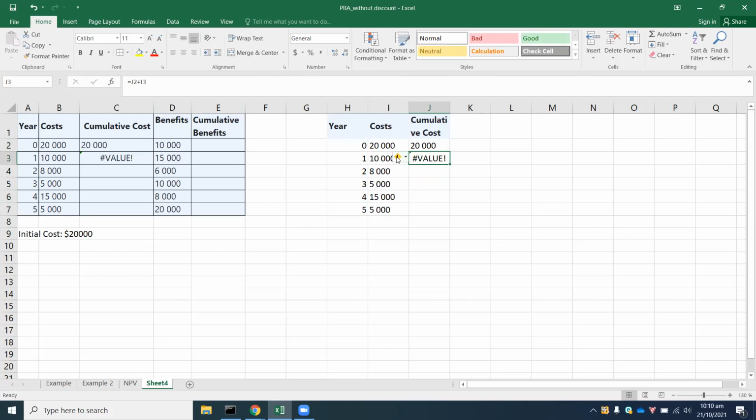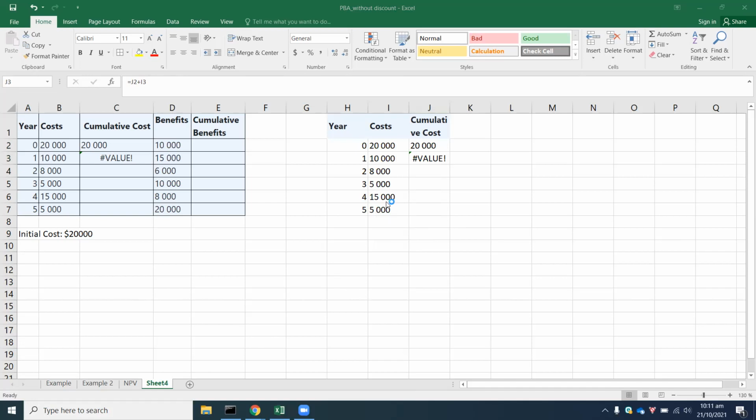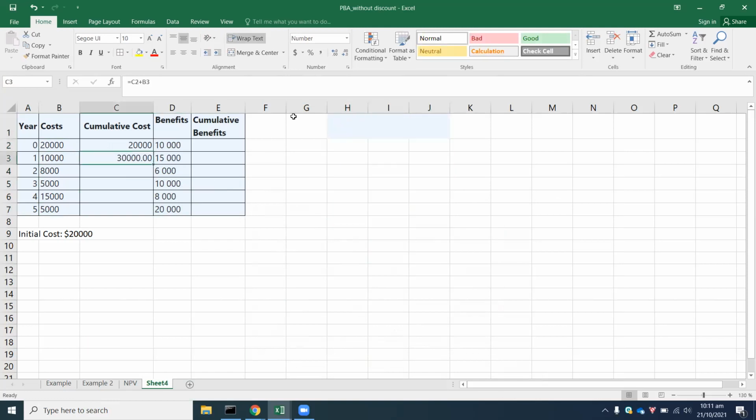Now something went wrong again. Okay, so it's the space that is causing an error. If I remove this space from here, it works. So this is where the error is. Okay, so it works now.